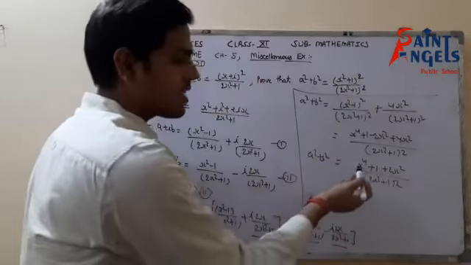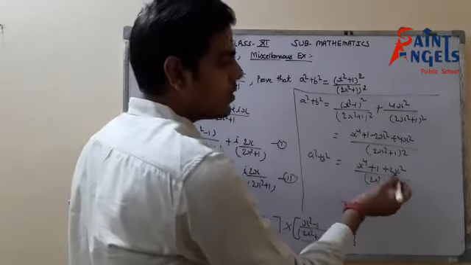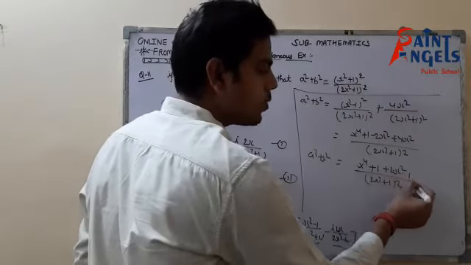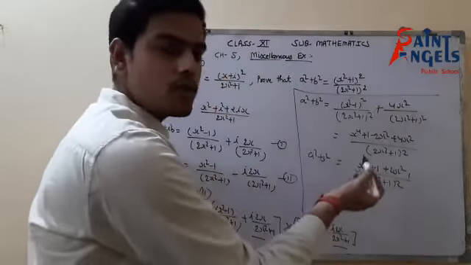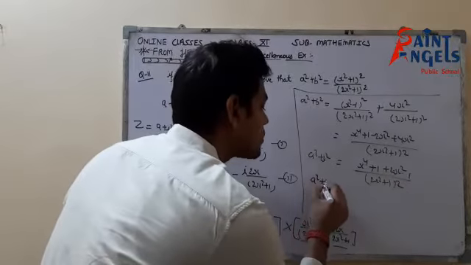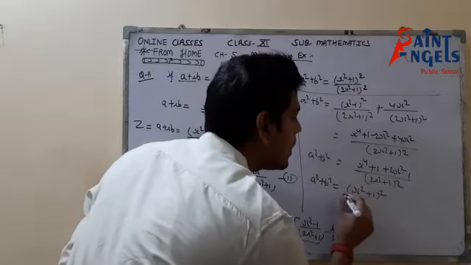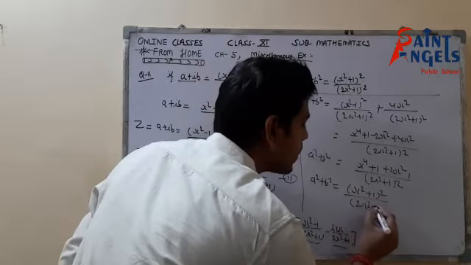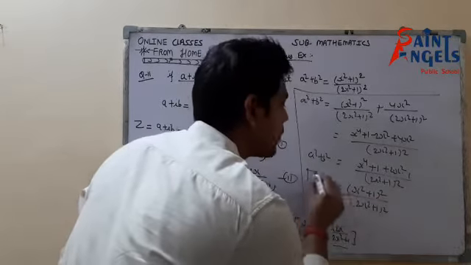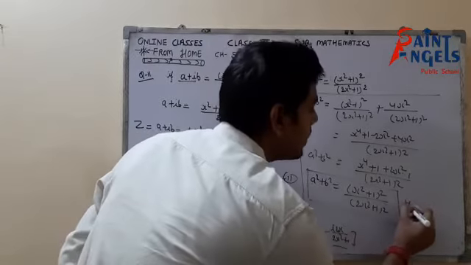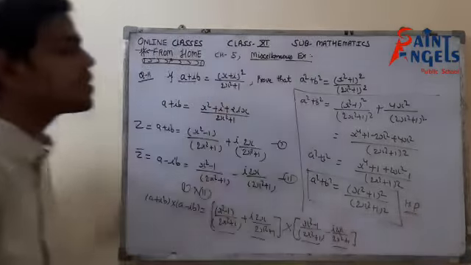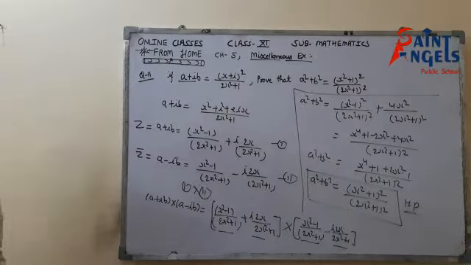What it becomes is (x square plus 1) whole square, using the formula a square plus b square plus 2ab. So a square plus b square becomes (x square plus 1) whole square upon (2x square plus 1) whole square, and that is what we had to prove. Hence proved. Easy question, so please pause the video and note it down.